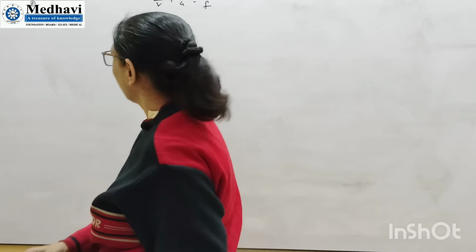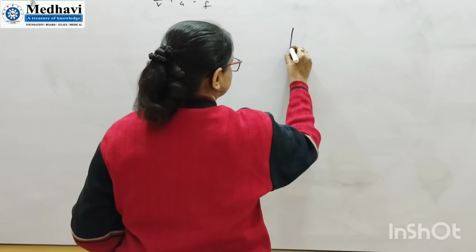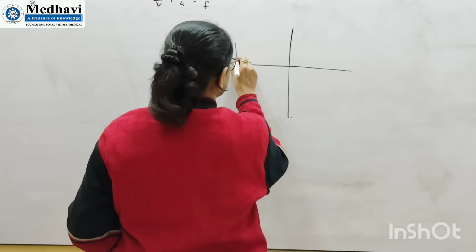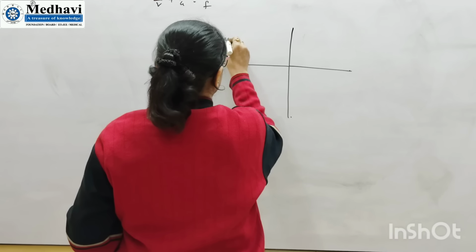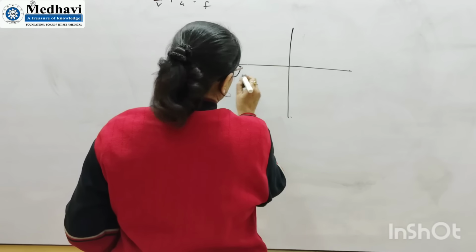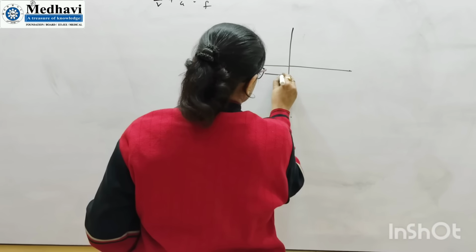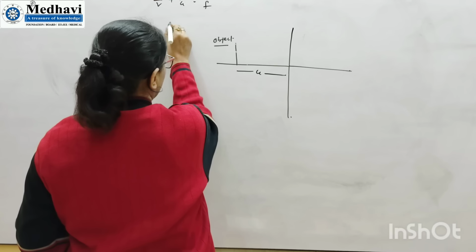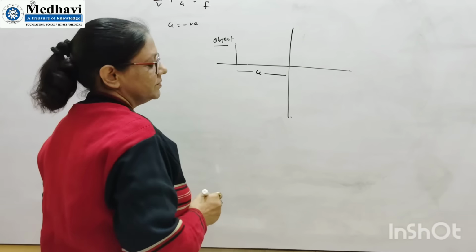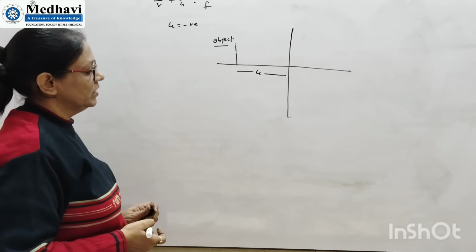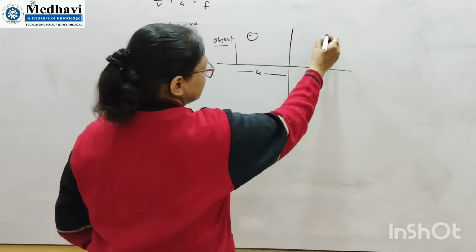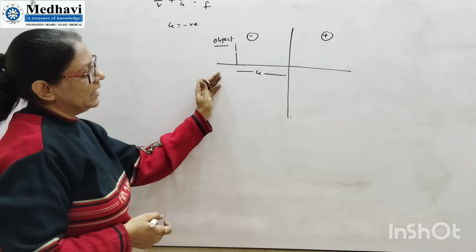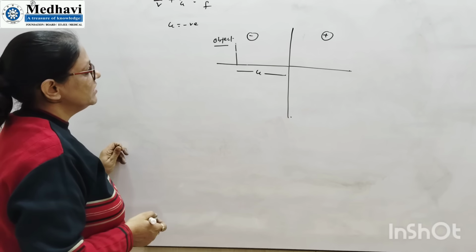So here, suppose this is a mirror. Here is the object we keep. This is the object distance. An object in front of the mirror is always taken as negative. A very important information: this side is negative, this side is positive. If the image is before the mirror, it will be negative.